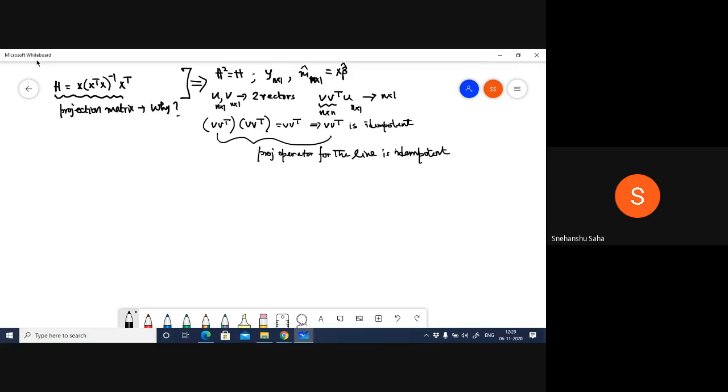So we extend that same reasoning for any linear subspace of the n-dimensional space, right?